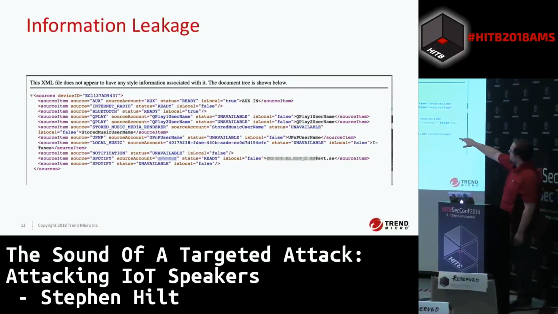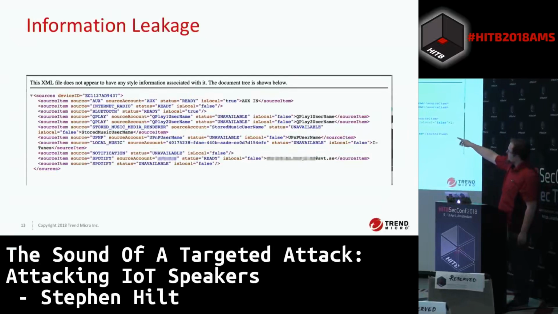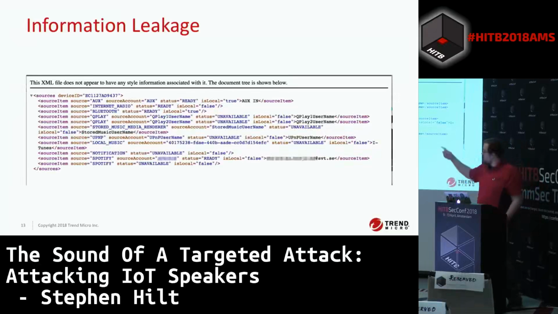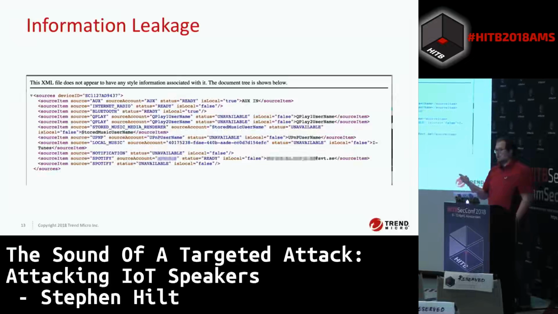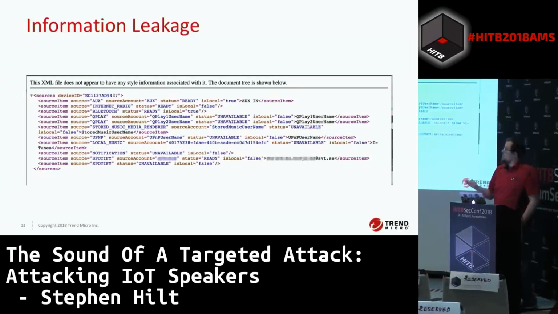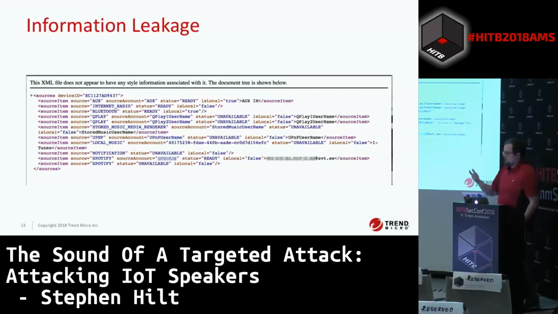So you see, where is it? Aux is the source. There's Bluetooth, and a couple other ones that are listed there, and how it's actually being played, whether it's over the phone that's connected to it via Bluetooth, or if it's through an aux port, or if it's being done over Wi-Fi.